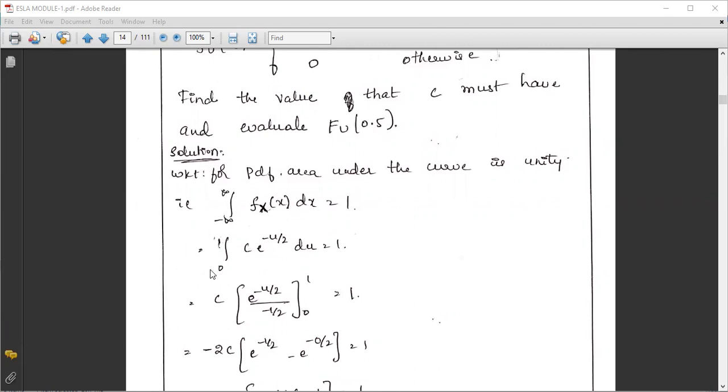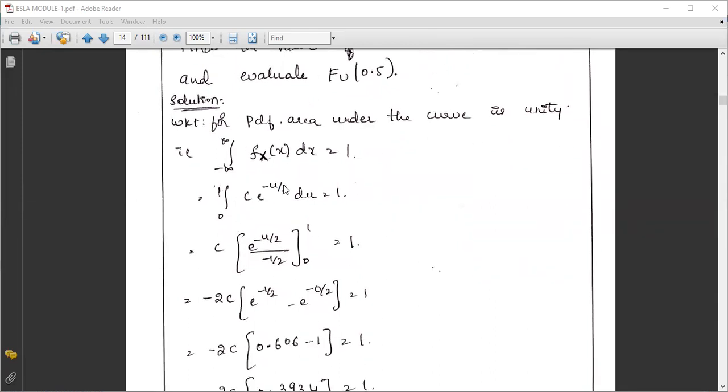C is a constant, outside the integral, and we integrate e power minus u by 2 under the limits 0 and 1.